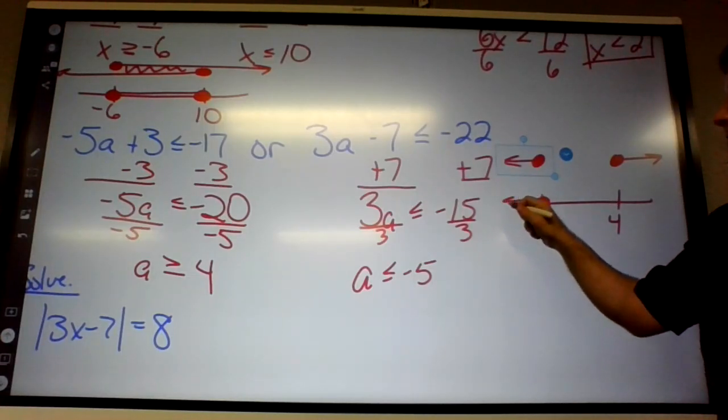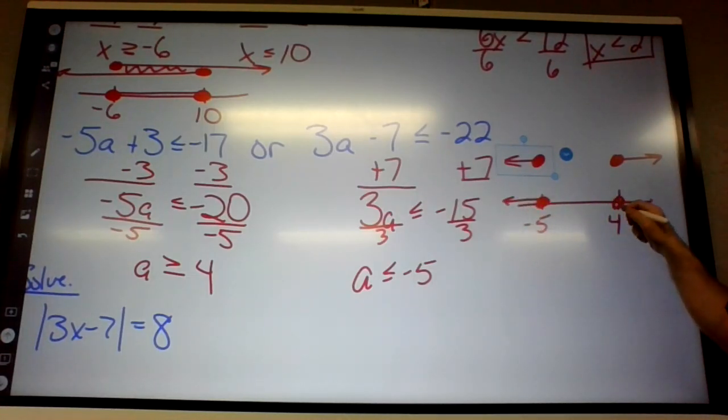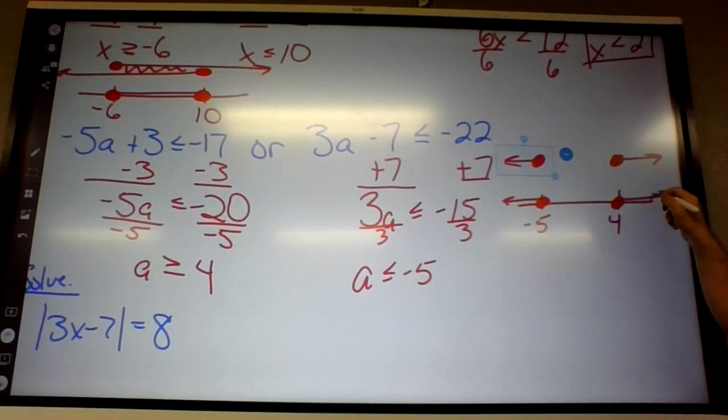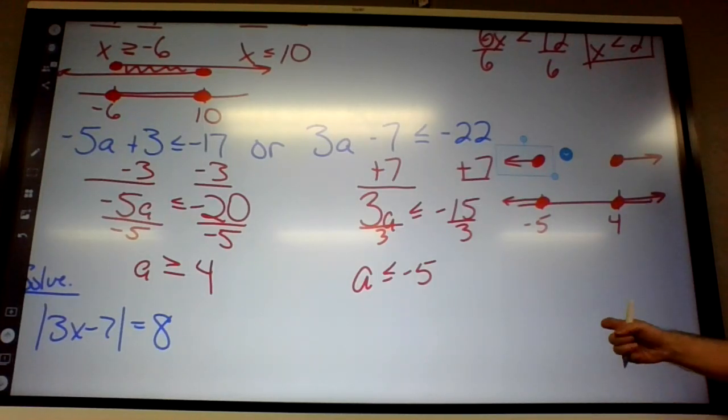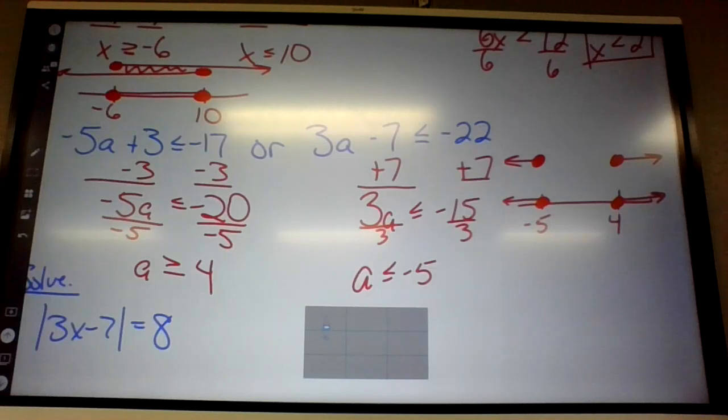If either of them are covering it, it's part of the answer on an or. So all of it. If that had been an and, the answer would have been no solution, because there are no numbers that are less than -5 and greater than 4. But if it's an or, we're all good.